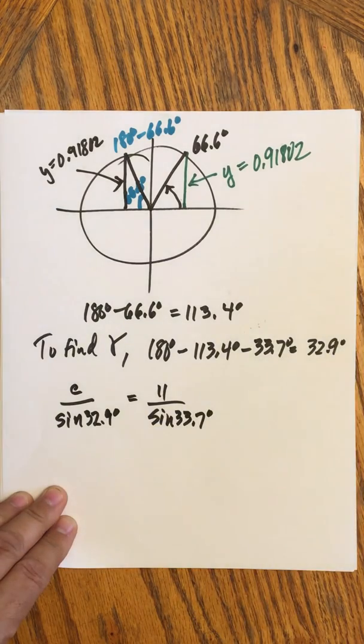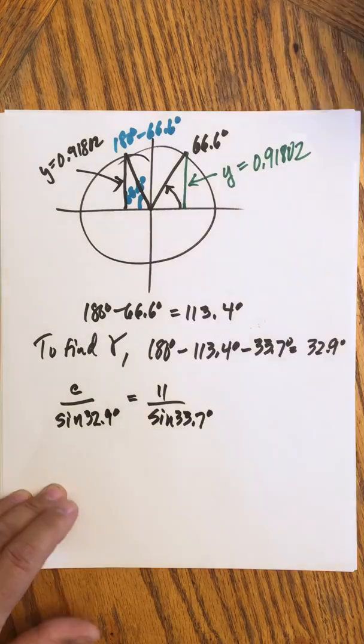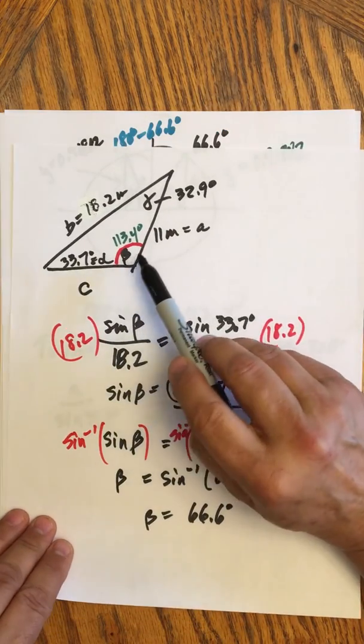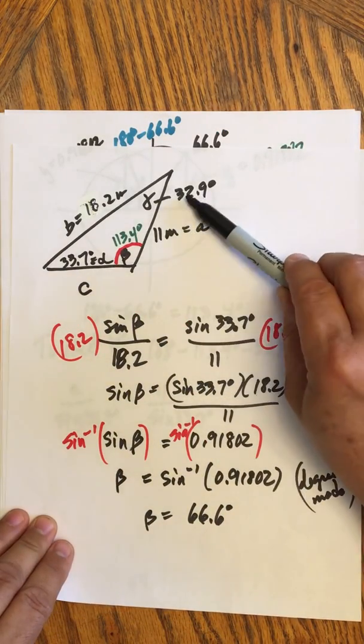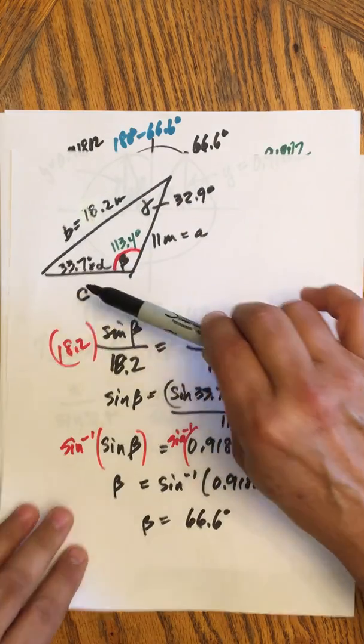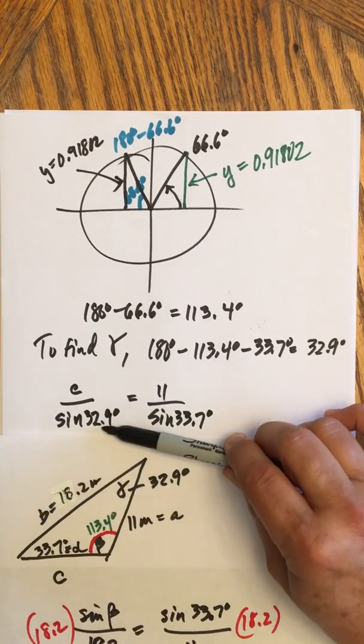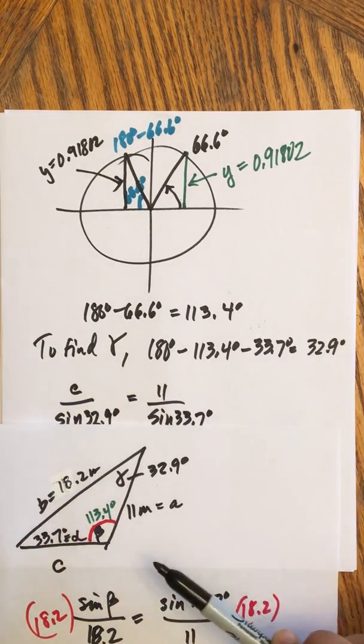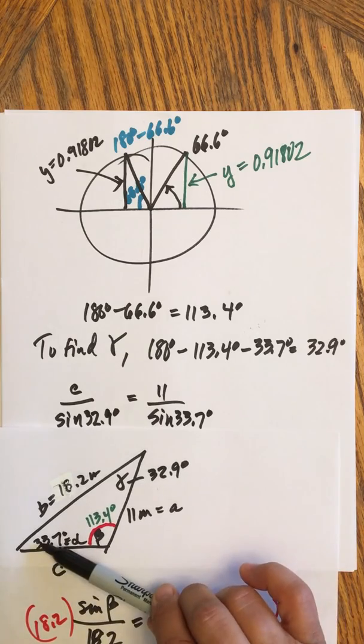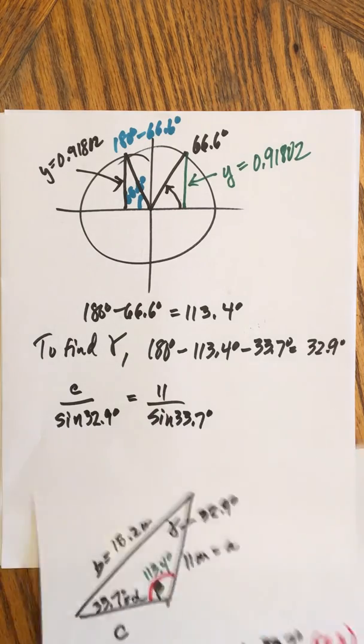Remember, that's coming from this picture right here. I want to know this. I know this angle, so this angle forms this side. So sine of 32.9 forms C, as, and then I picked this one, sine of 33.7 is to 11.